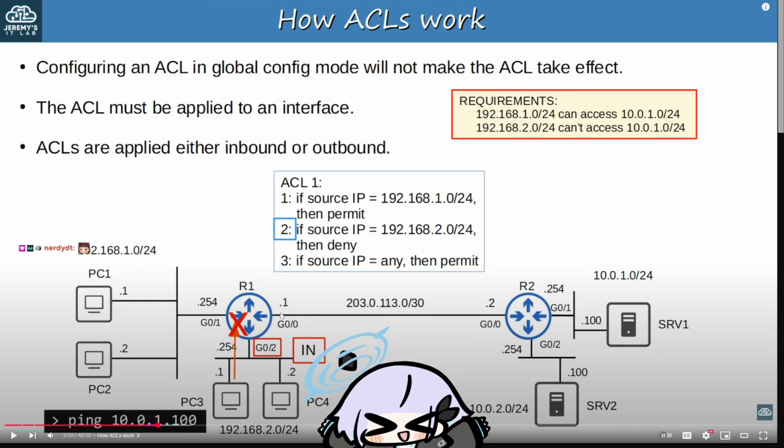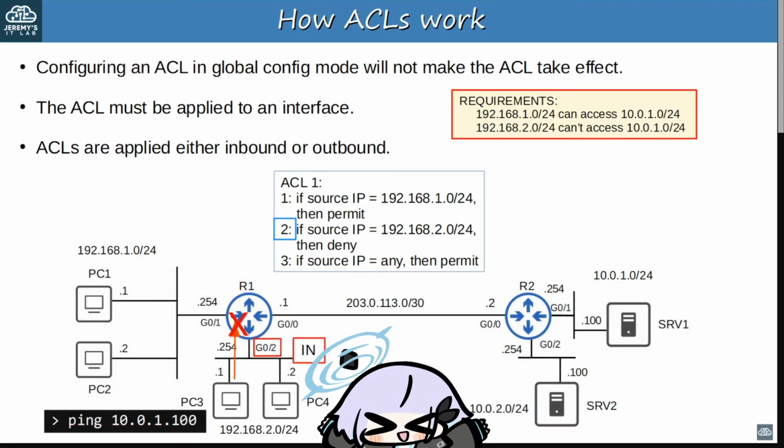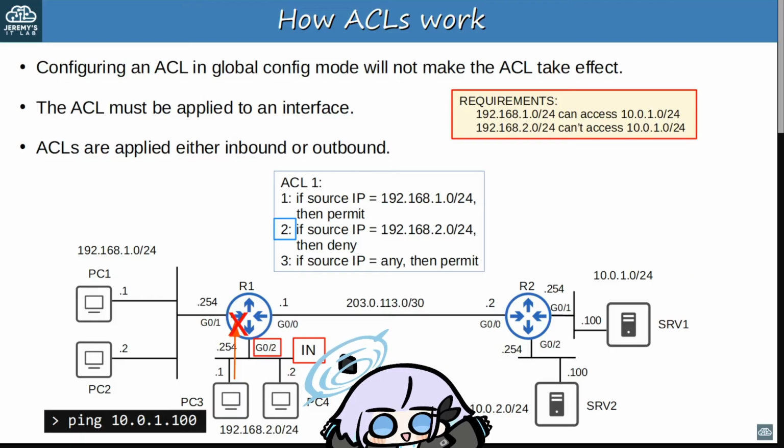It should be outbound or inbound G01 over here, because we're dealing with server 1. I have a feeling it has to be just like R2 G01 or something. Once R1 finds a match and takes an action, it stops checking the other entries in the ACL. So this permit all other traffic is ignored.